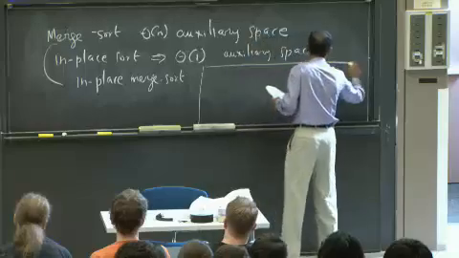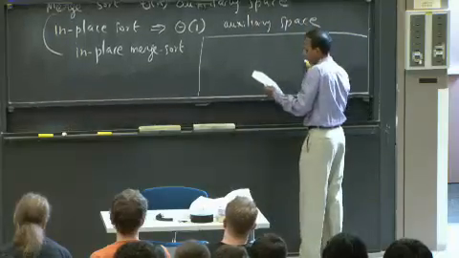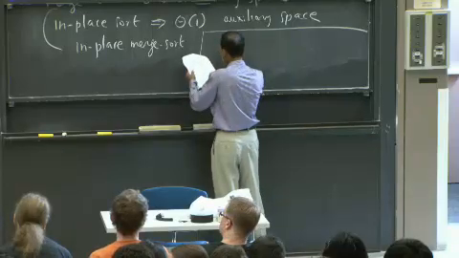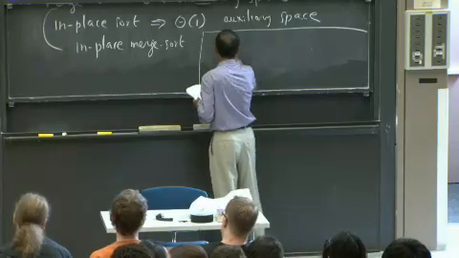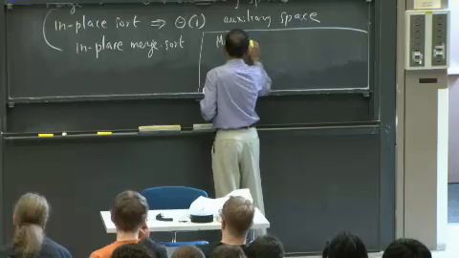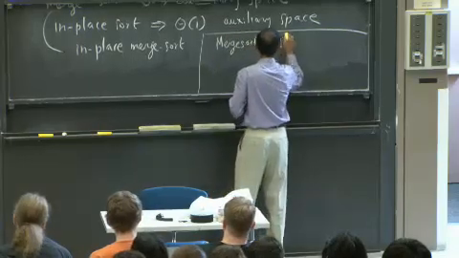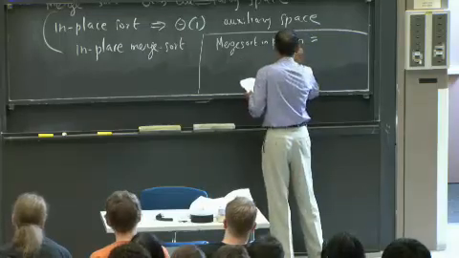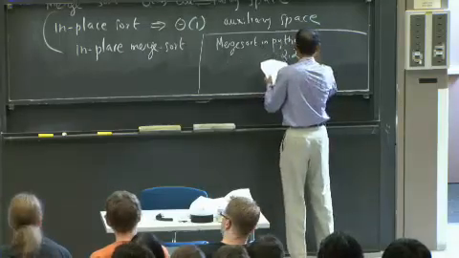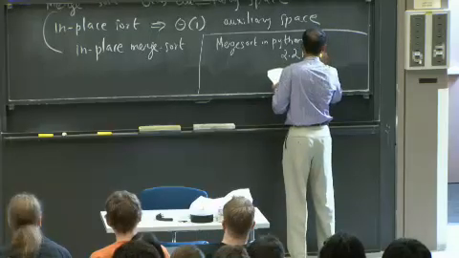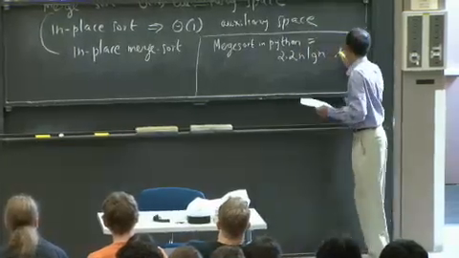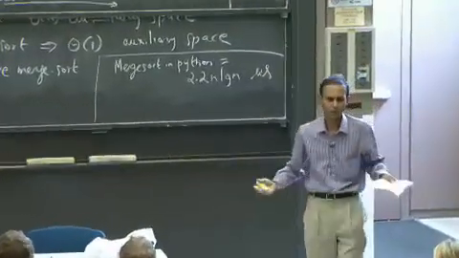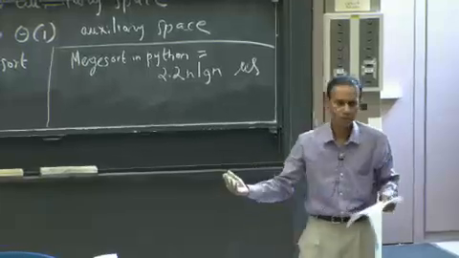In terms of numbers, these are some experiments we ran a few years ago, so they may not be completely valid, but I'm going to give you numbers. Merge sort in Python, if you write a little curve fit program to do this, is 2.2 n log n microseconds, for a given n.